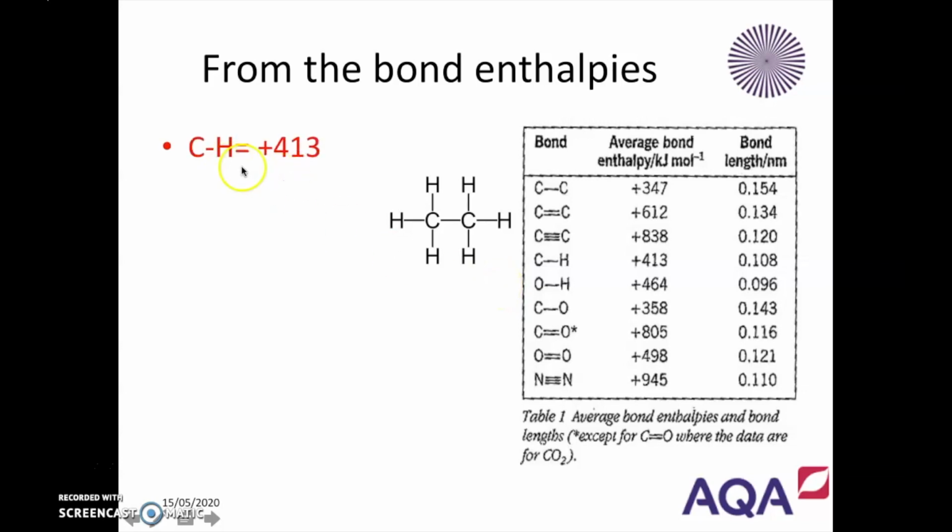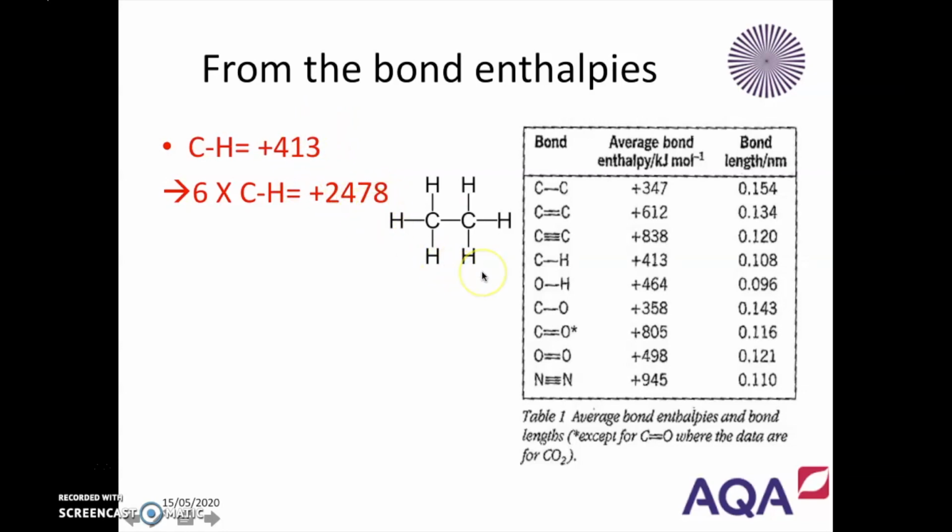So the C-H bond from the table here is 413. Remember we said there are 6 of these, so we have to do 6 times 413, which gives me 2,478.